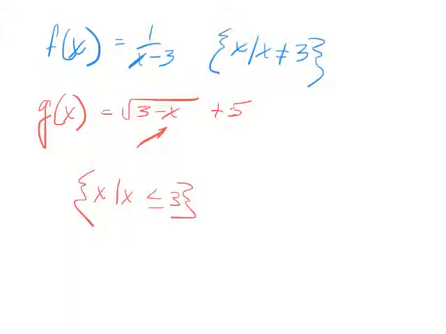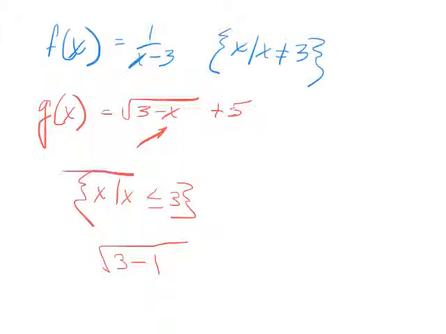For example, if x were negative 4, that would be 3 plus 4, which would give you a positive number. If we had 3 minus another number less than or equal to 3, like 1, 3 minus 1 is 2, the square root of 2 plus 5.